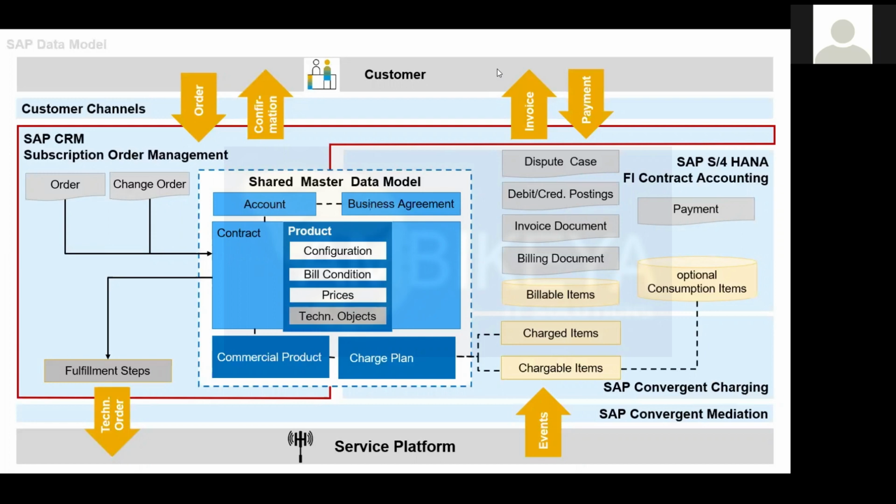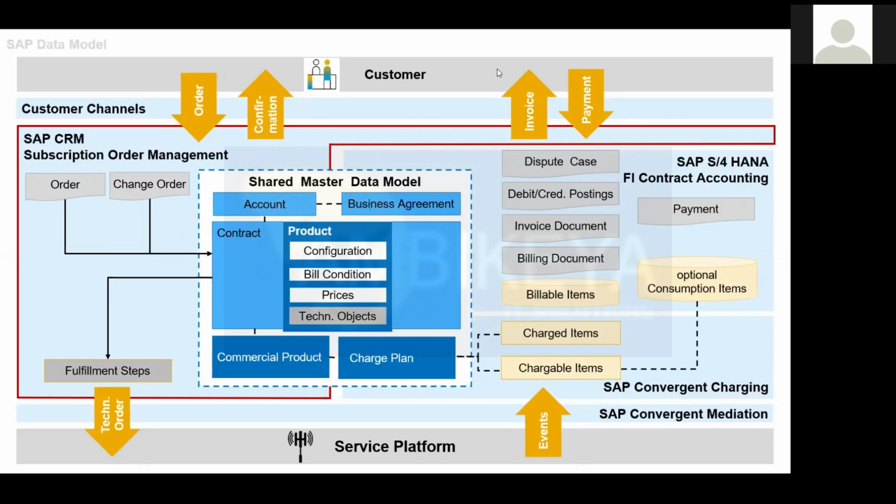We are speaking about the subscription contract and the distribution in the BRIM landscape. And we are also speaking about the products, like product bundles. We are speaking about the configurations, the setup of the configuration, and different bill conditions. We are speaking about price modeling and also about technical objects.